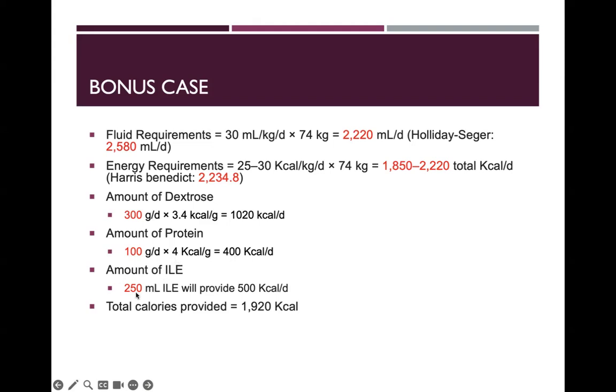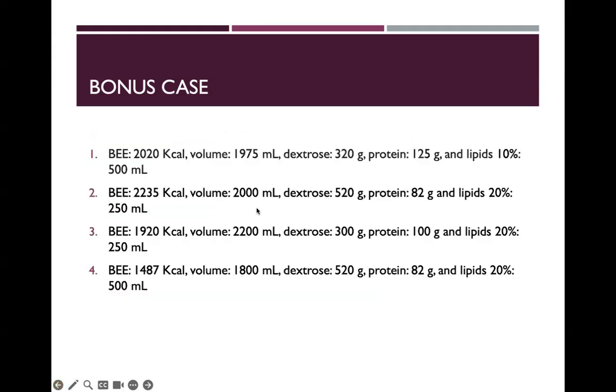For injectable lipid emulsion, for a total volume of 250, that gives you 500, because you remember that we said the 20% is 2 kcal per milliliter, the 30% is 3 kcal per milliliter. So this is the 20%, so 250 gives you 500. If you add this up, that gives you 1920, which is the exact same number that it says here. Does that make sense?